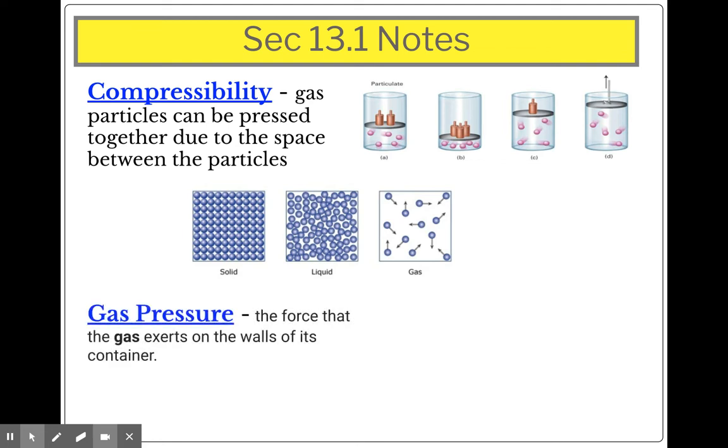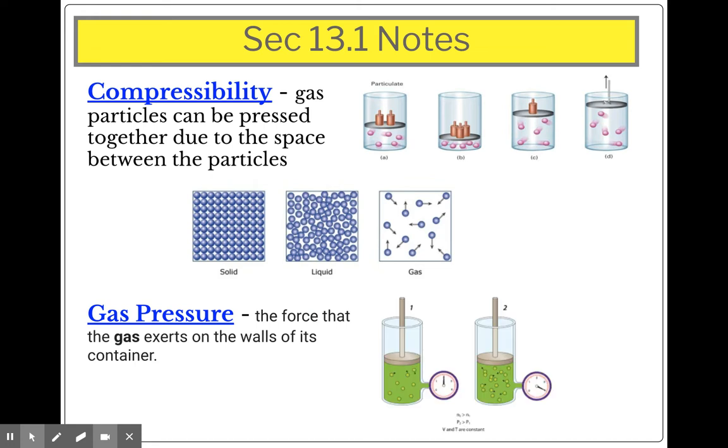Another term that we'll define is gas pressure. When we talk about pressure, we're talking about the force that the gas exerts on the walls of the container. So the force that those gas molecules exert while they're colliding with the container. So pressure is a force.